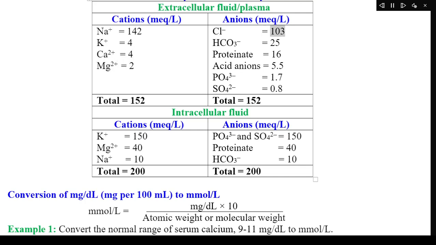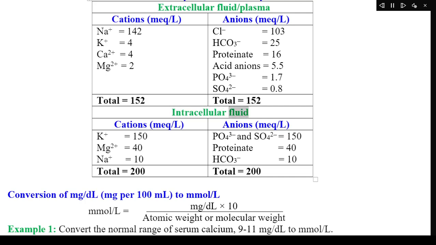Cl- equals 103. HCO3- equals 25. Proteinate equals 16. Acid anions equals 5.5. PO4 3- equals 1.7. SO4 2- equals 0.8. Total equals 152. Total equals 152.